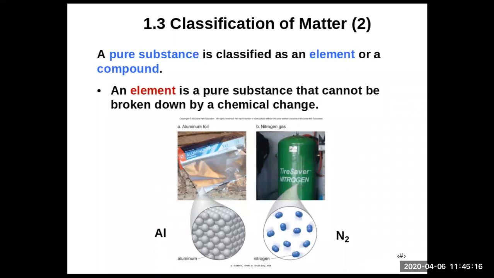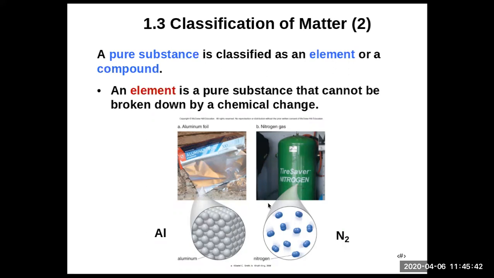In the periodic table, you will also see other elements that are diatomic elements, even though on the periodic table they look like they are classified as one atom. In nature, they're found as diatomic molecules, and those are hydrogen, oxygen, nitrogen, fluorine, chlorine, bromine, and iodine.